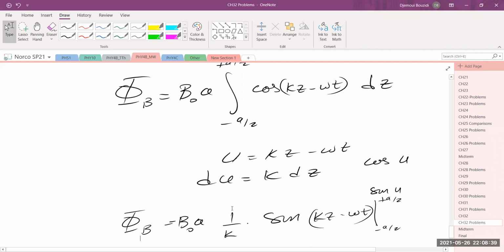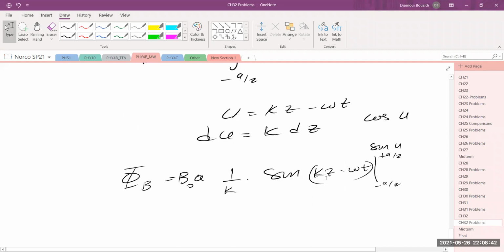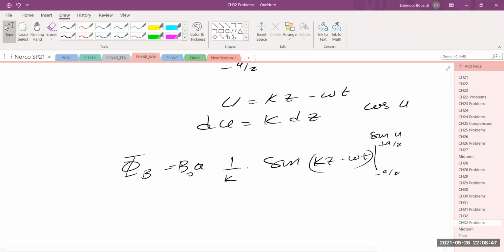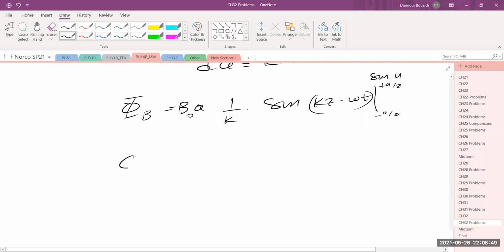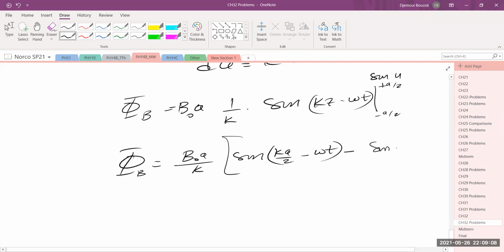So I have to be careful in here because the boundaries of integration are for z. In other words, this is the expression that I'm going to be left with. Phi B is equal to B naught A over k times sine of ka over 2 minus omega t, minus sine of minus ka over 2 minus omega t.